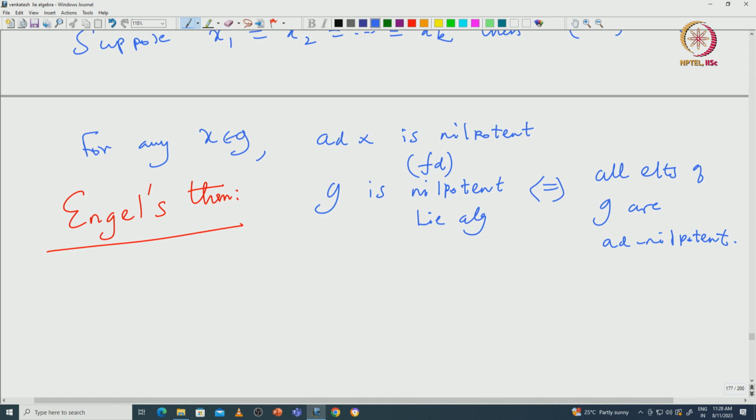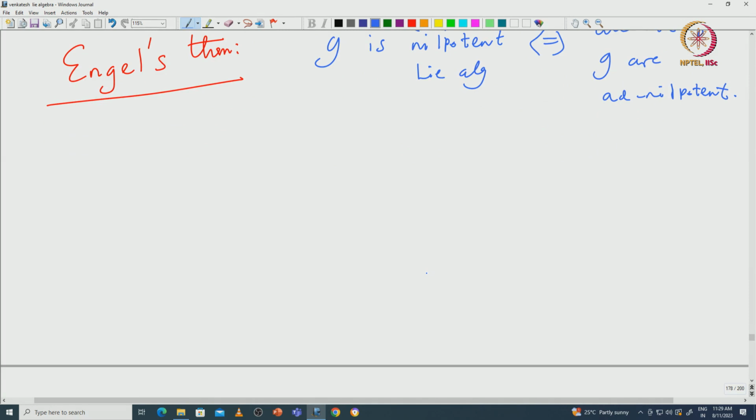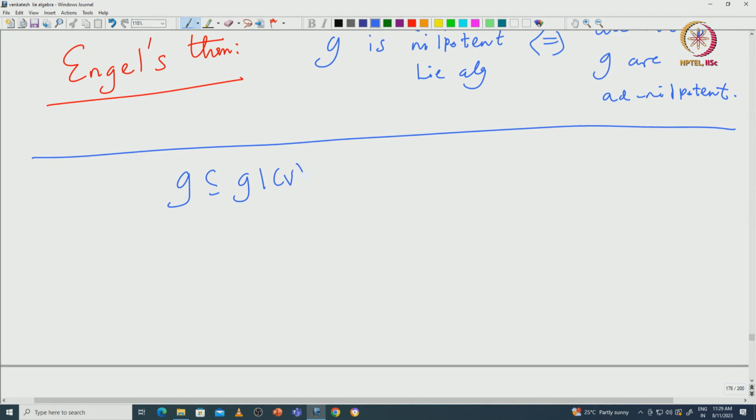For that, we would like to prepare ourselves a bit. Here are some results that we have already seen. Let me just recall. Suppose G is a linear Lie subalgebra, so let us say G is contained in GL(V), where V is a finite dimensional vector space.